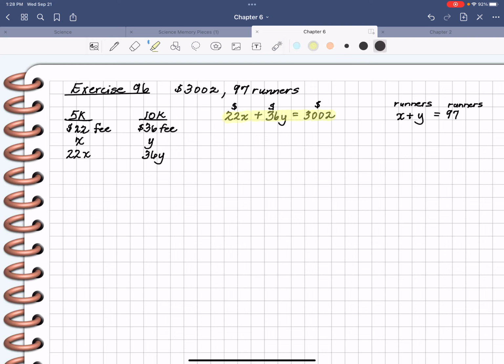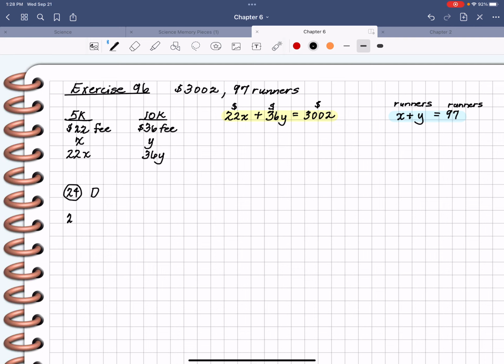The first one talks about the money. The second one talks about the people. Together, those two equations make the system that will solve what I need it to do. So number 24 is asking me to pick the system, and that's going to be D, as in dog.